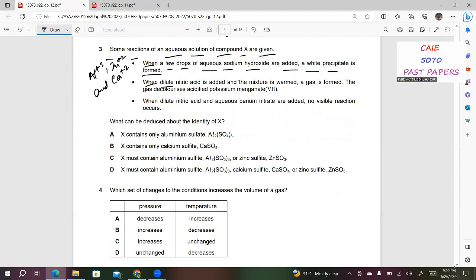Statement number 2, when dilute nitric acid is added and the mixture is heated, a gas is formed. The gas decolorizes acidified potassium manganate(VII).